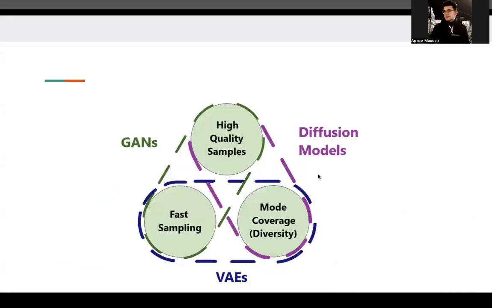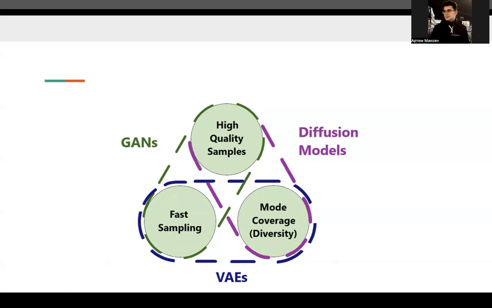You can see here that there are diffusion models, which we will talk about later, that generate high-quality samples and solve the problem of mode coverage, or diversity, and mode collapse. But they don't have fast sampling, because GANs and VAEs sample fast. They need only one forward propagation through the model, for GANs through the generator, for VAEs through the decoder.